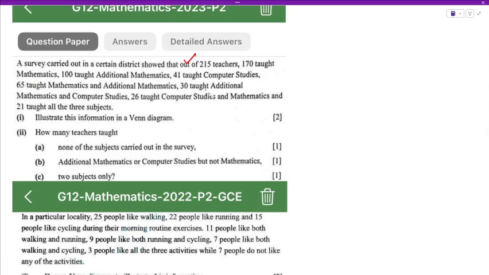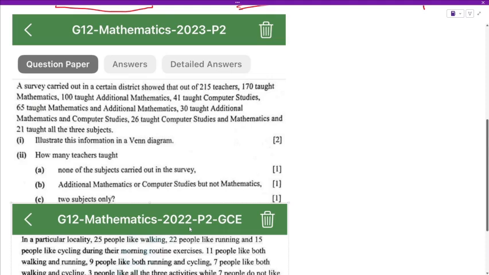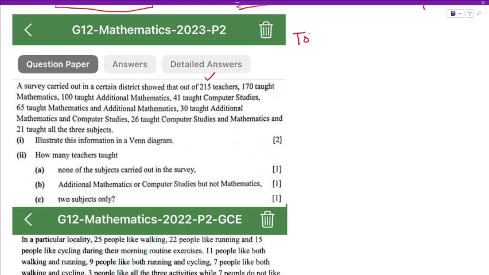And then we can do this. Make this guy permanent as well, and this one. All right, so they are saying a survey carried out in a certain district showed that out of 215 teachers, so the total was 215.